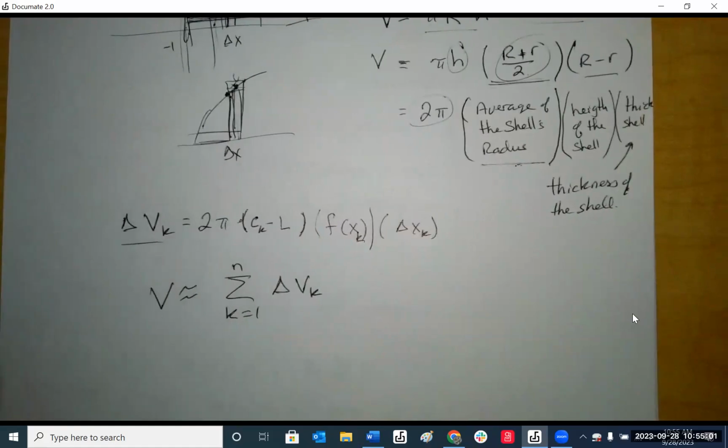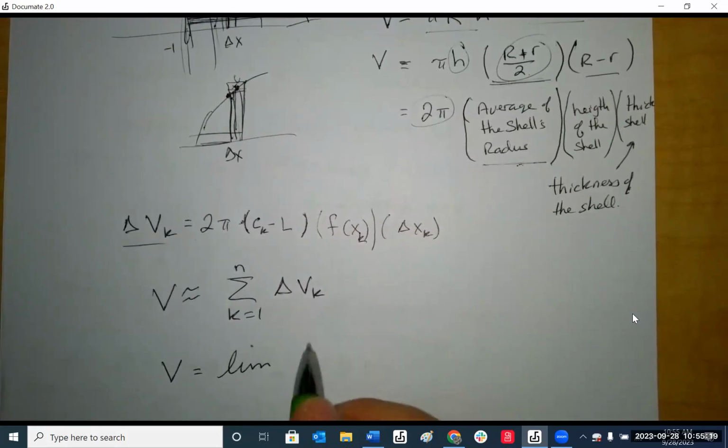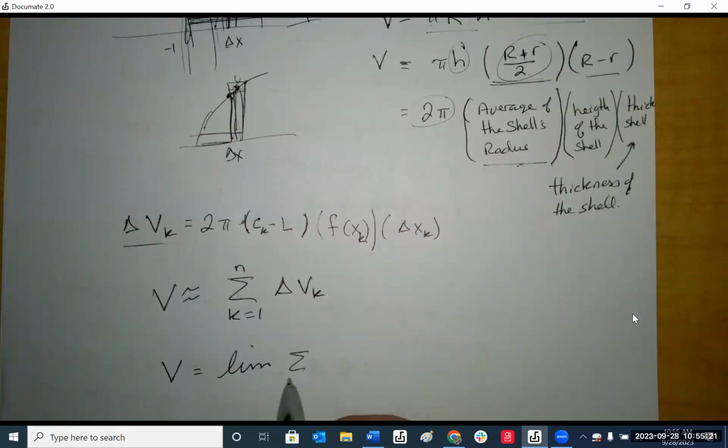So eventually we add up all these small pieces, and that becomes our summation. Then we take the limit of the summation of delta V sub k.